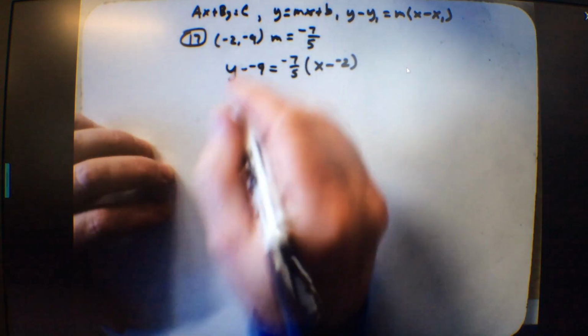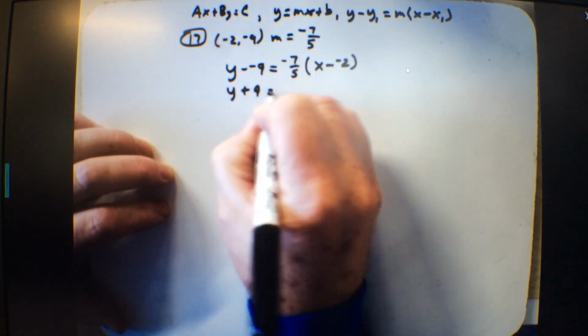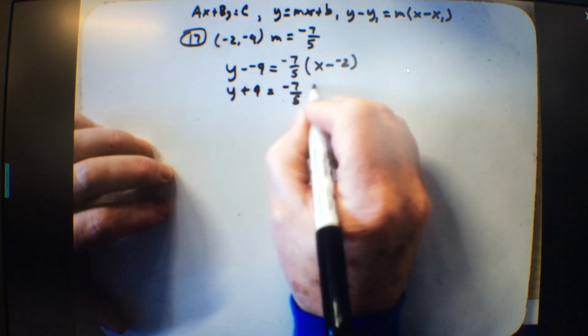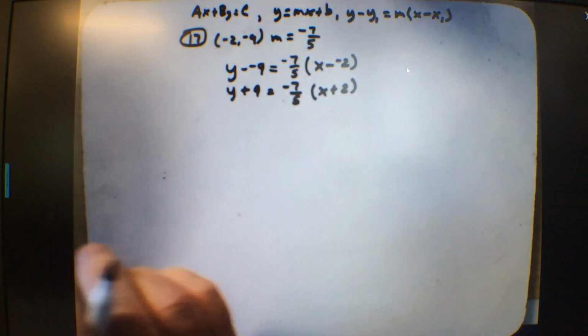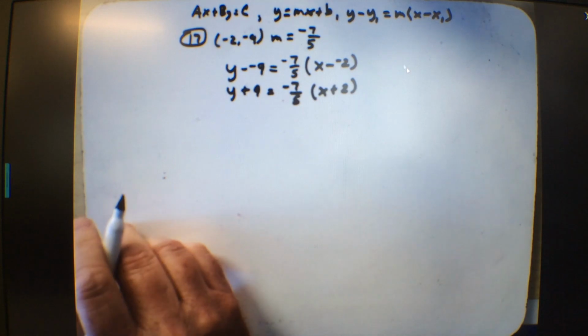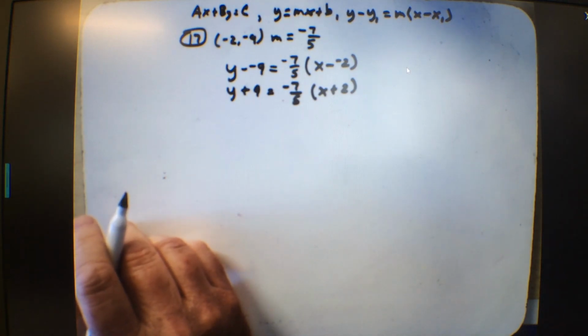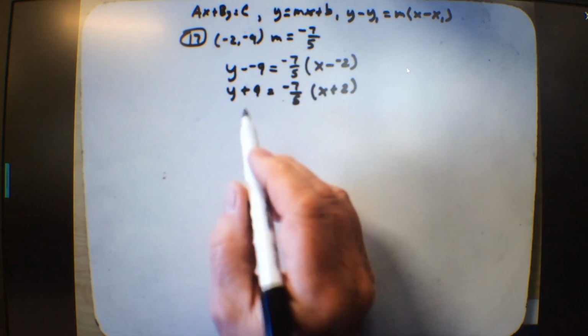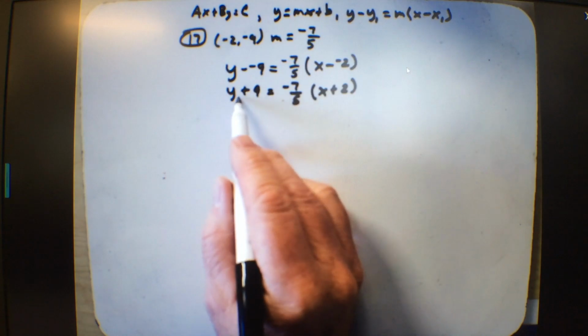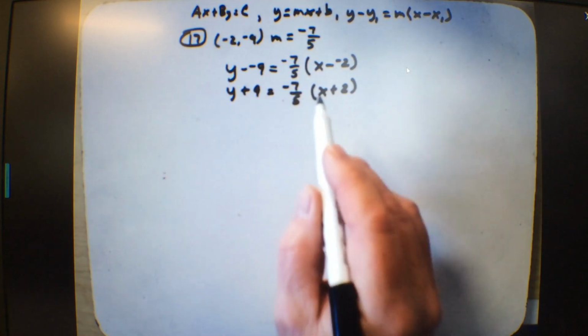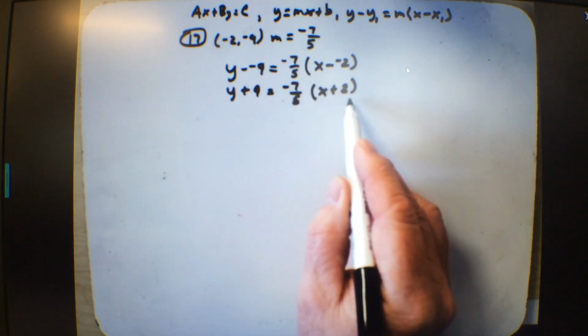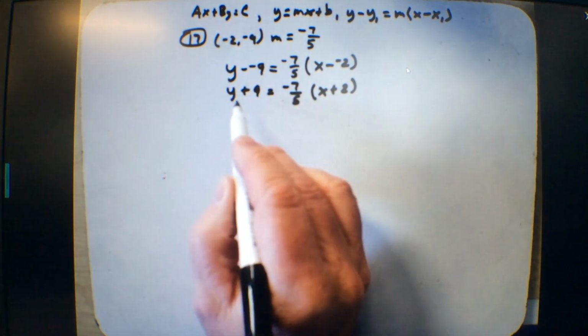No. Okay, we want it as y plus 9 equals -7/5 times x plus 2. You must change all minus and minus. Do we have to write it like that first, or can we just go y plus 9 equals -7/5 times x plus 2? If you can go straight to that, that's fine.